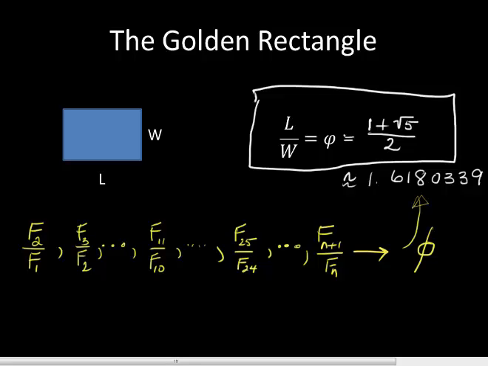Now we're going to be doing our work with calculators, so we're not going to come out with the precise value of phi, but if you divide a length by a width of a rectangle and you get 1.618, you can assume that that rectangle is golden.